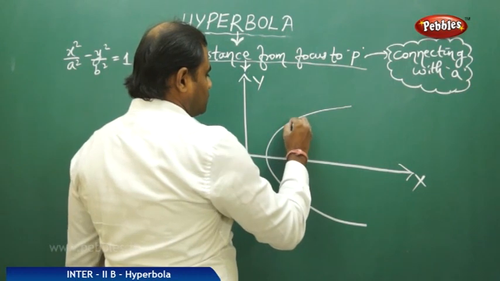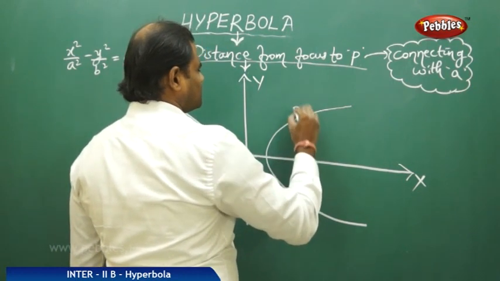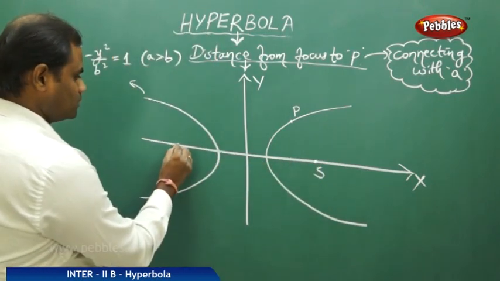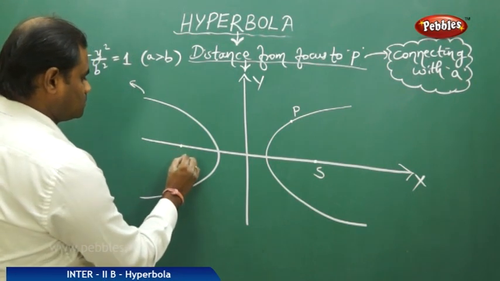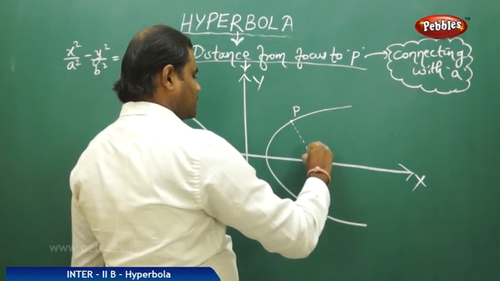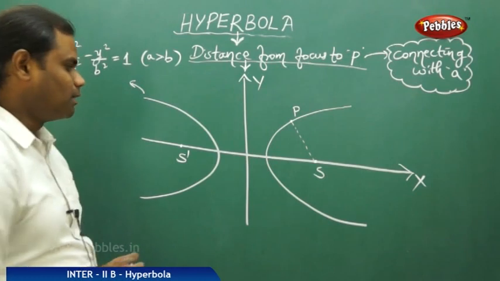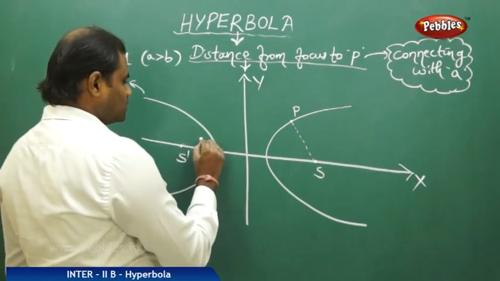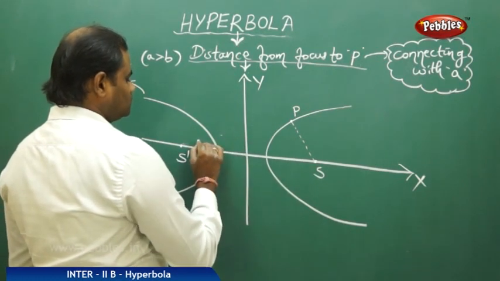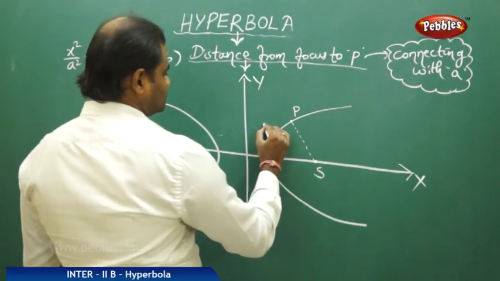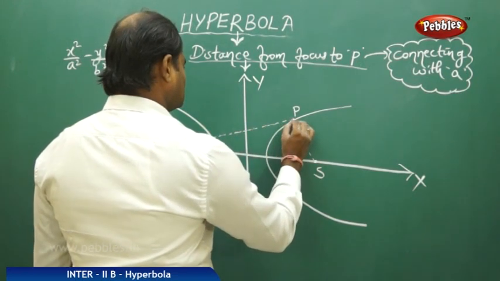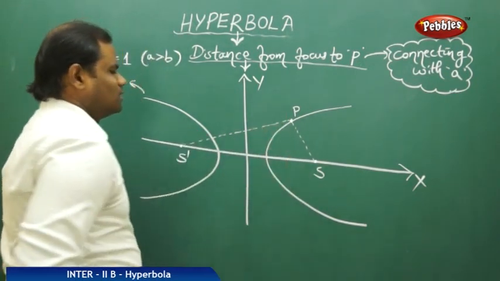That is, if I take any point P on the hyperbola, and if I have the focus S, which is out here, then I'll connect S with that point P on the hyperbola, and I connect the other focus connecting with this.